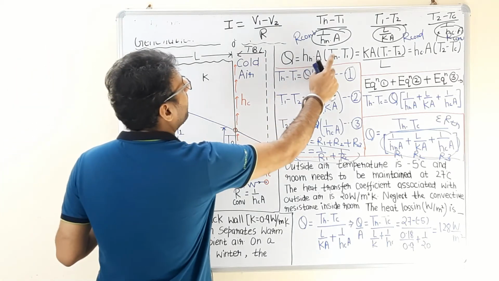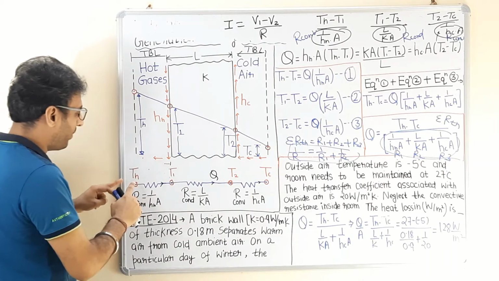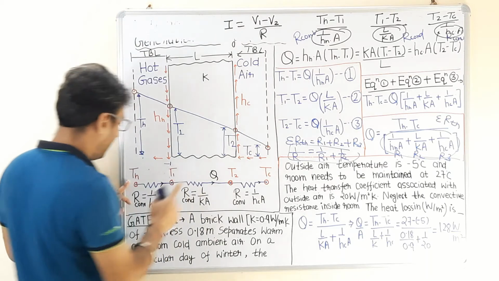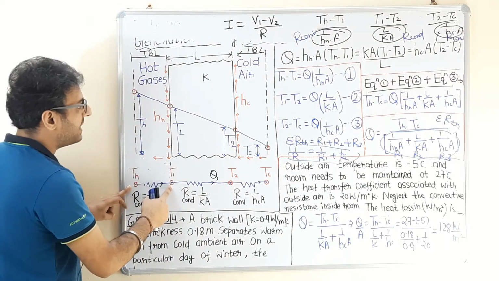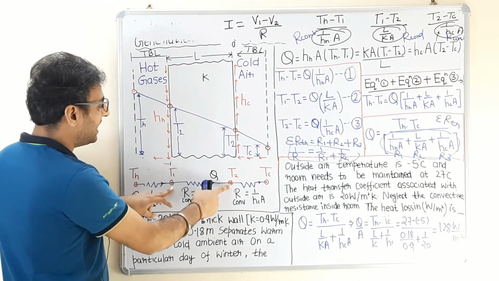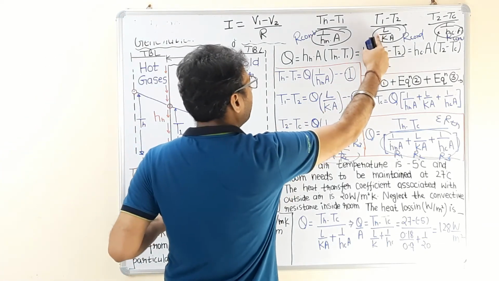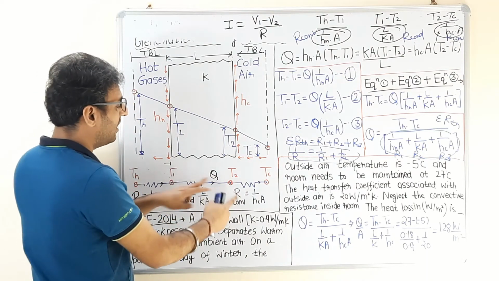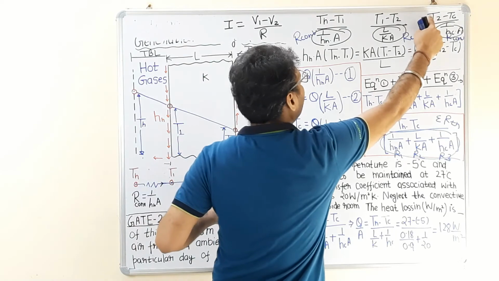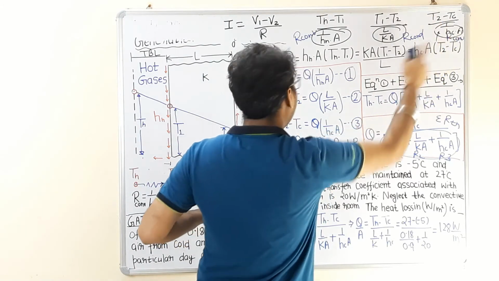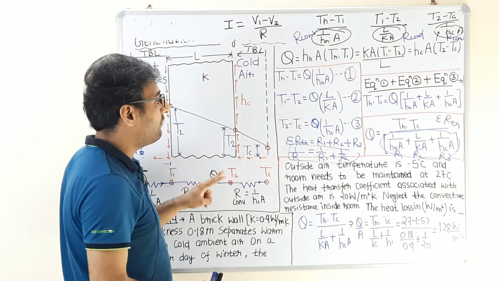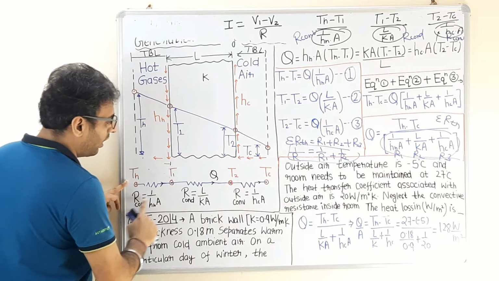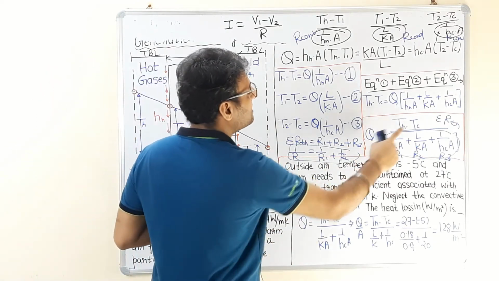Here in this formula we are considering these 2 points Th and T1, so we have considered only the thermal resistance between these 2 points. Similarly, when we considered T1 and T2, we have considered only the thermal resistance between T1 and T2. Similarly, when we considered T2 and Tc, we have considered only the thermal resistance between T2 and Tc, and when we considered Th and Tc, we have considered all thermal resistances between Th and Tc.